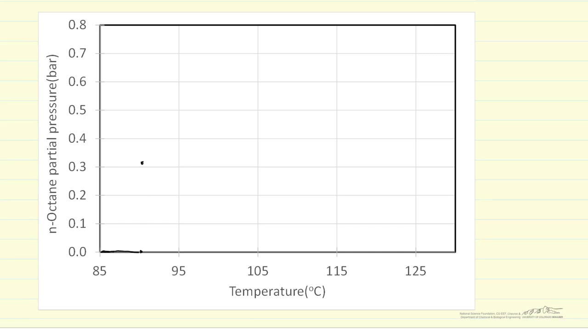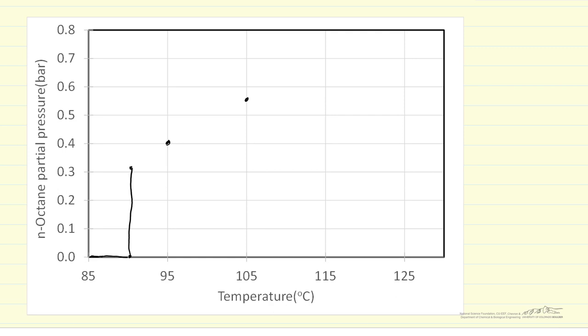So it jumps up to this value, and then at 95 degrees, we said it's about 0.4, at 105 degrees about 0.56, and at 112 degrees, it's 0.7, and then it remains constant as we raise the temperature above that. So here's how we expect the partial pressure of N-octane to vary as a function of temperature.